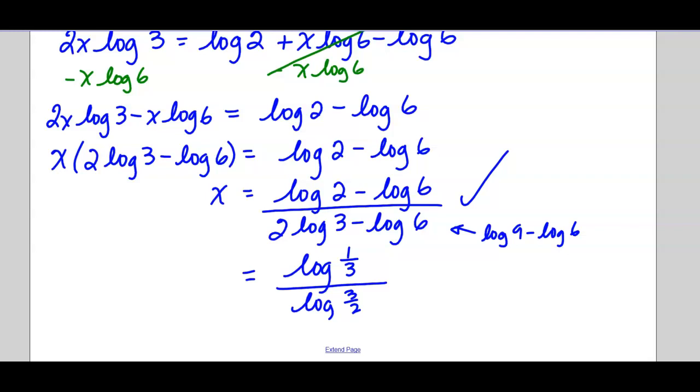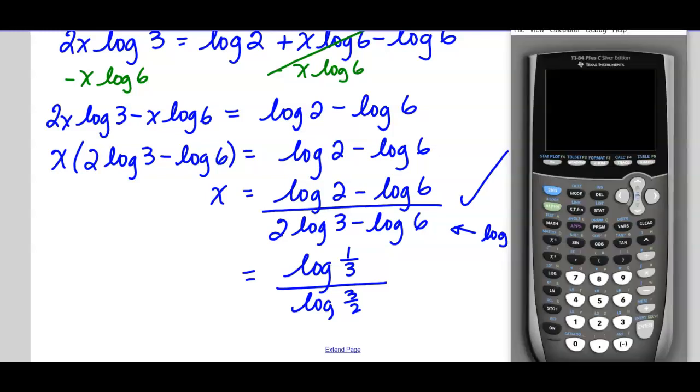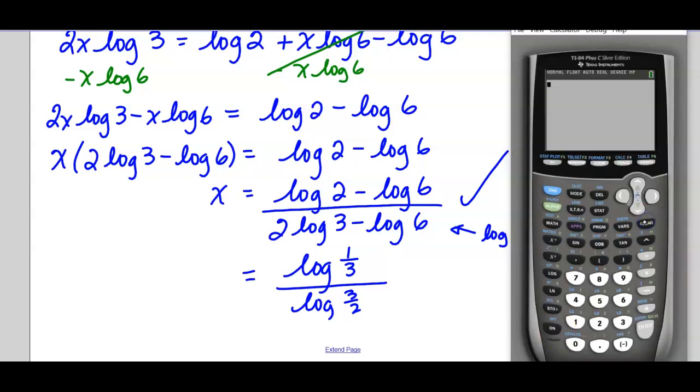Saying that, we can check, like, if we simplify it, do it both ways and make sure you get the same thing. So if I go log 2 minus log 6, log 3 minus log 6.